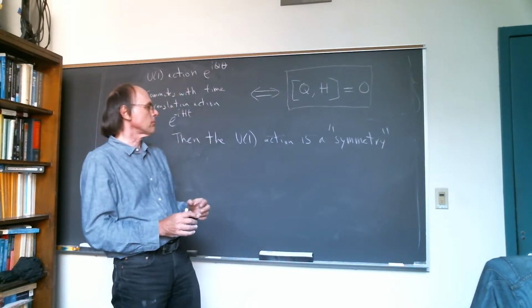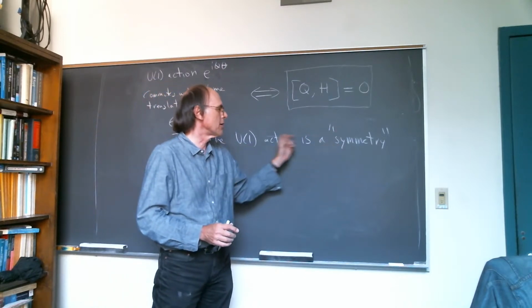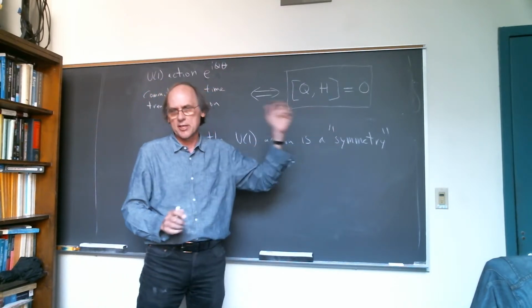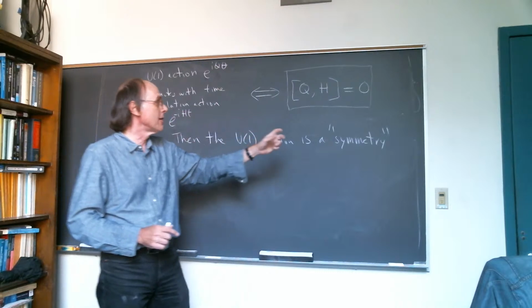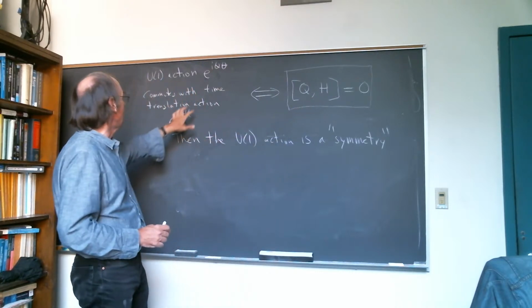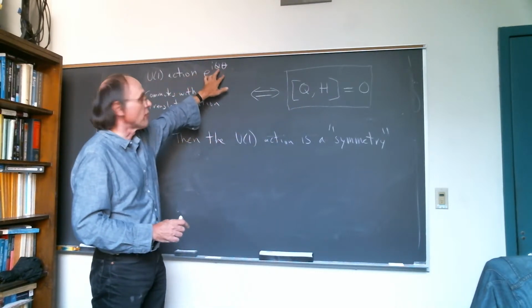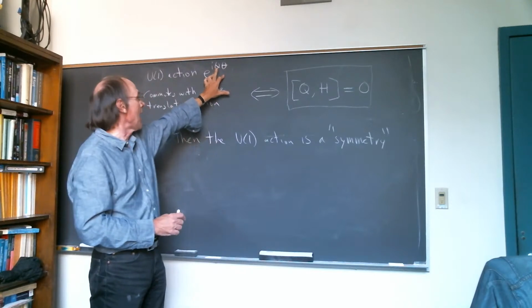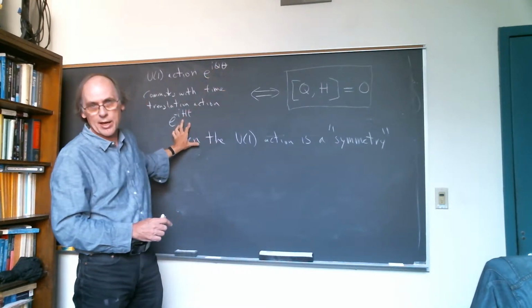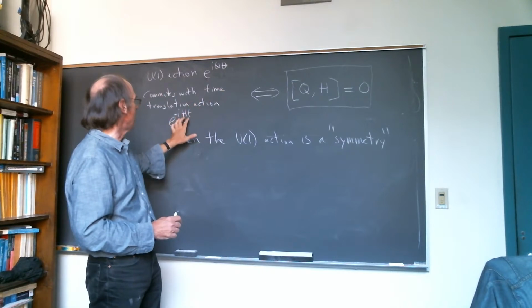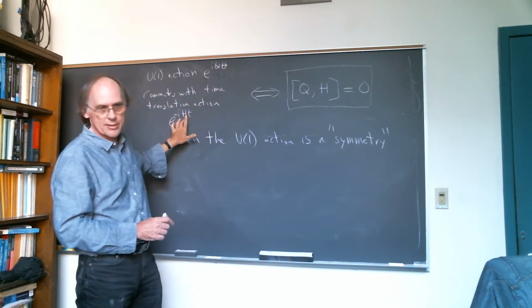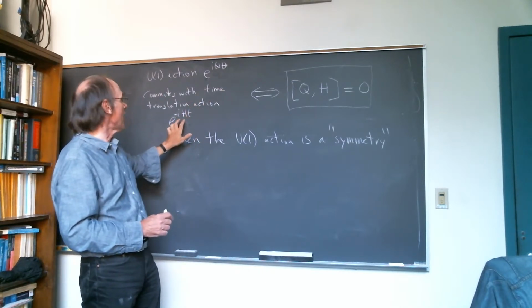But physically, what you often mean when you say that a system has a symmetry is that you've got some kind of group acting on the system, and it commutes with the dynamics. The dynamics, the Schrodinger's equation, doesn't change.